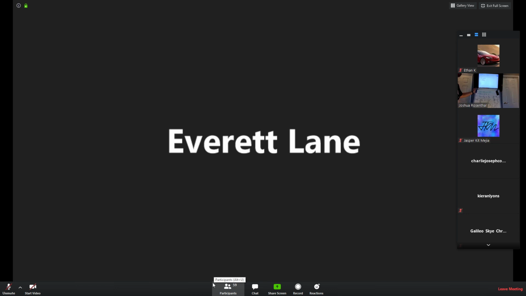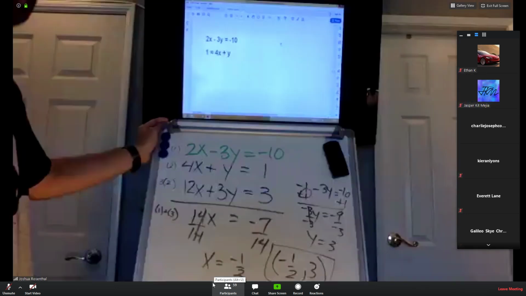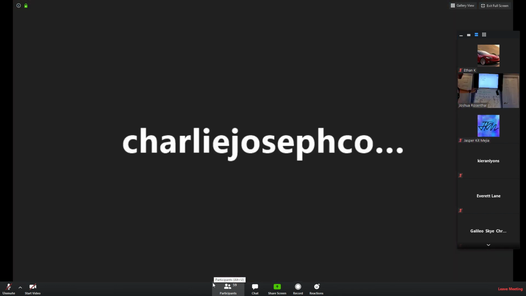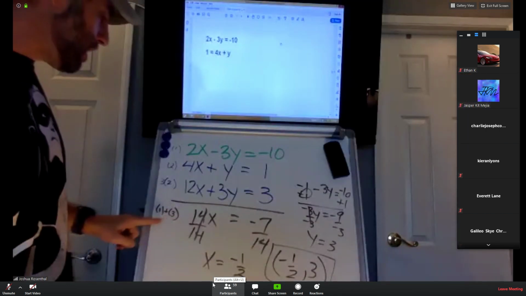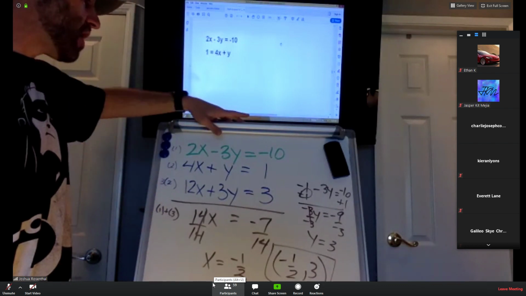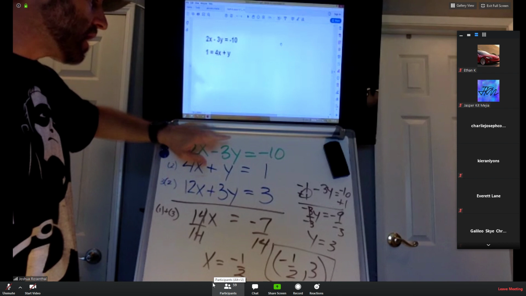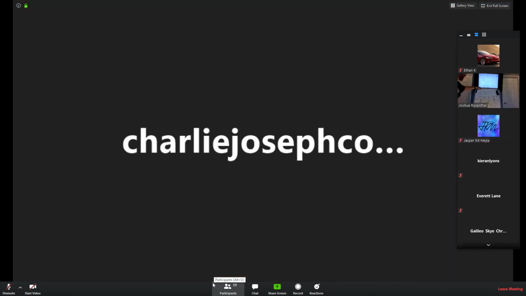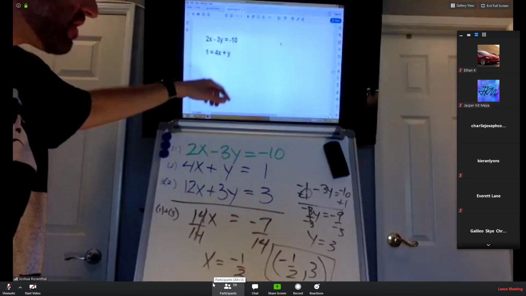And then what did you do? Then I added it to line 1 because I saw that the 3y and the negative 3y would cancel out. Where'd you get the 7 from though? Oh, because negative 10 plus 3 is negative 7.